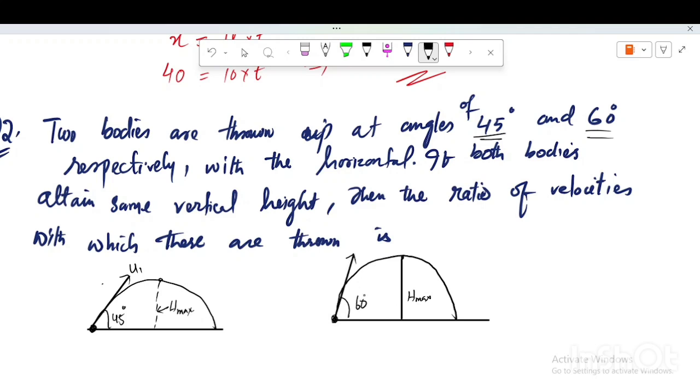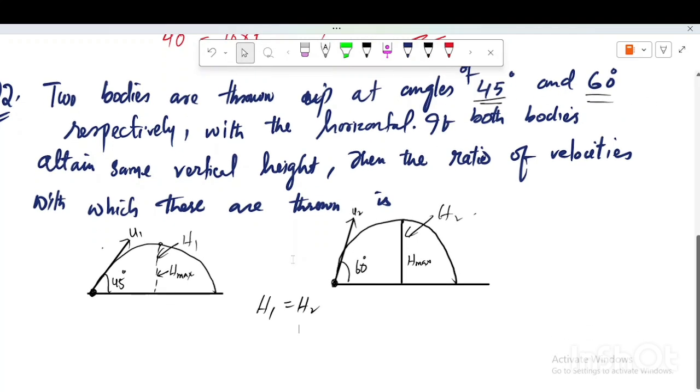Consider this is velocity, for example, u. The heights are equal. That means if this is h1 height and this is h2 height, then h1 will be equal to h2. That is given in the question, right?